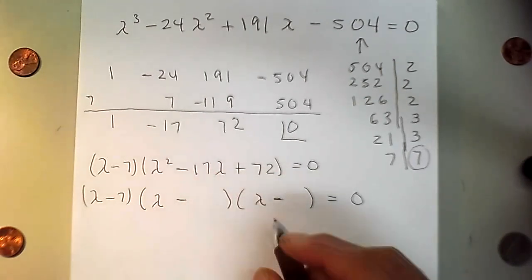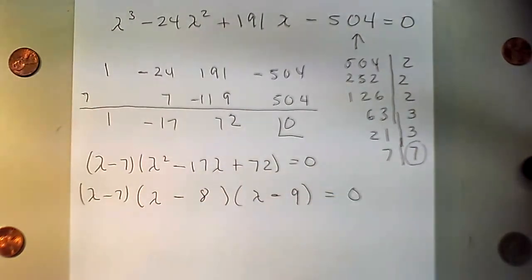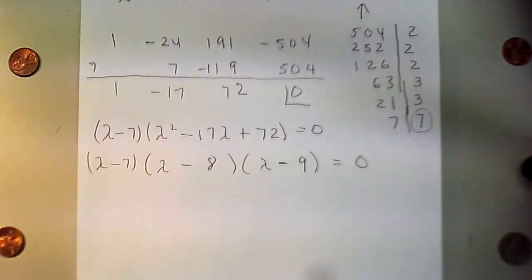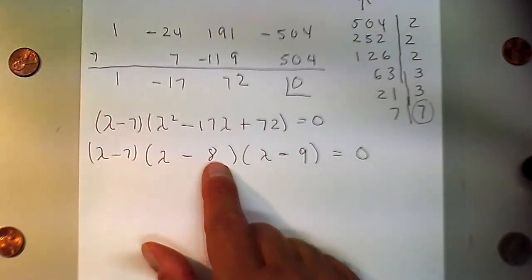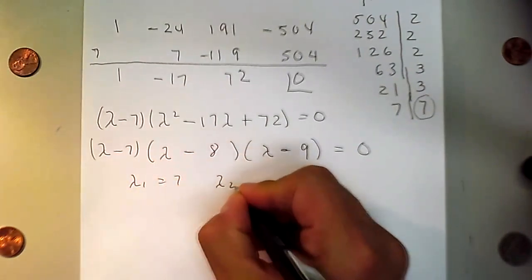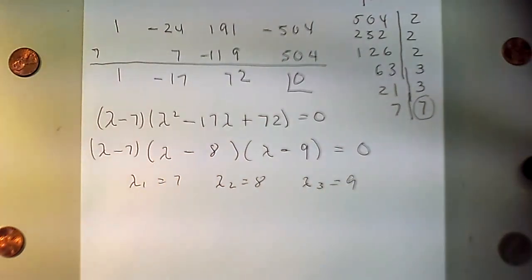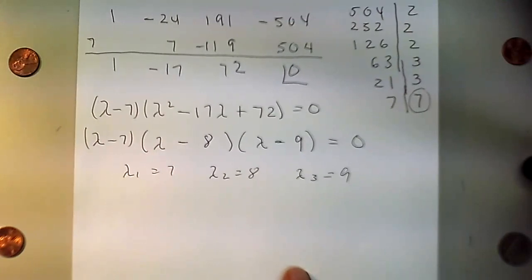Yep, 9 times 8. So we have three eigenvalues, 7, 8, 9. Lambda 1 is 7, lambda 2 is 8, lambda 3 is 9. Three distinct eigenvalues. This wasn't very creative because they're just 7, 8, 9.